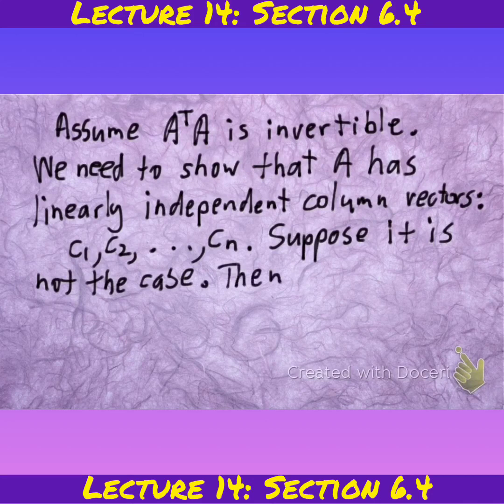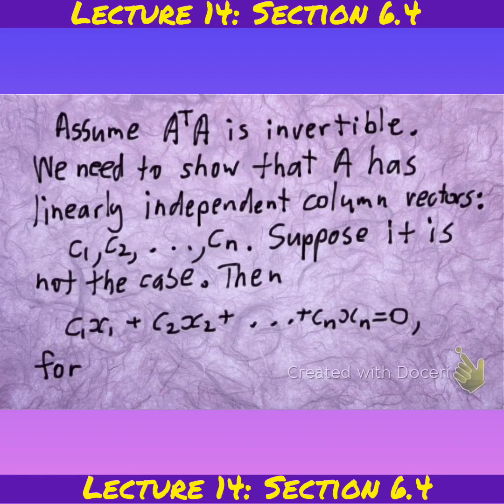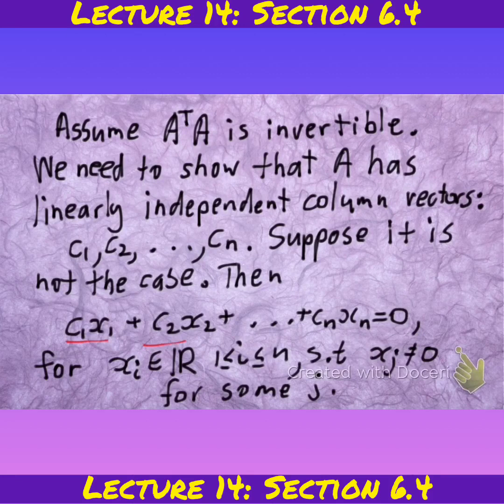Then there exist values x1 up until xn such that the linear combination equals the 0 vector, for xi a real number where i runs from 1 up until n, and we have at least one of these x's, say xj, the jth x, that is not 0, because that means those column vectors are not linearly independent.